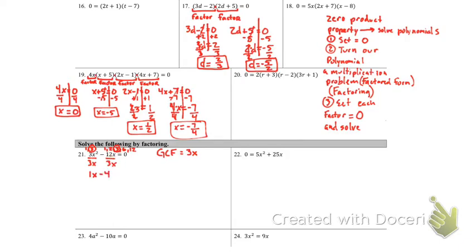Careful with your sign there. We have 1 x on top and we're going to take 1 away. So that means there's no more x's. They cancel out. This answer goes in parentheses because remember, we want to turn it into a multiplication problem. So we have to put parentheses around this guy. And to turn it into a multiplication problem, we multiply by our GCF.